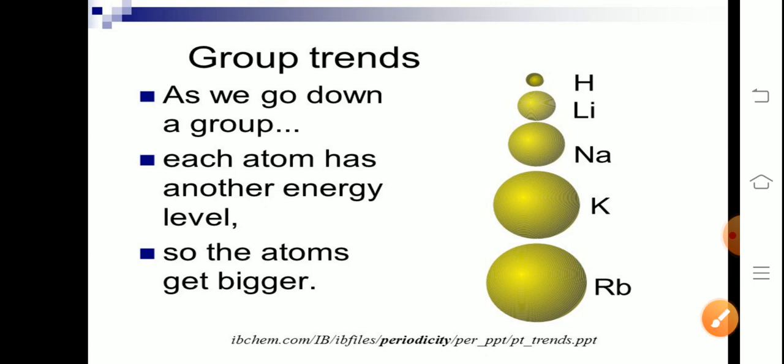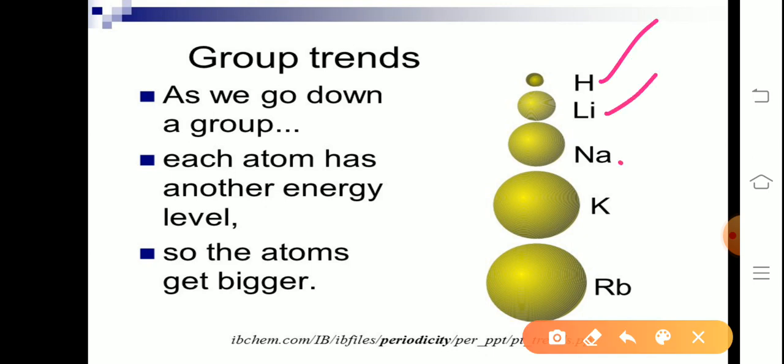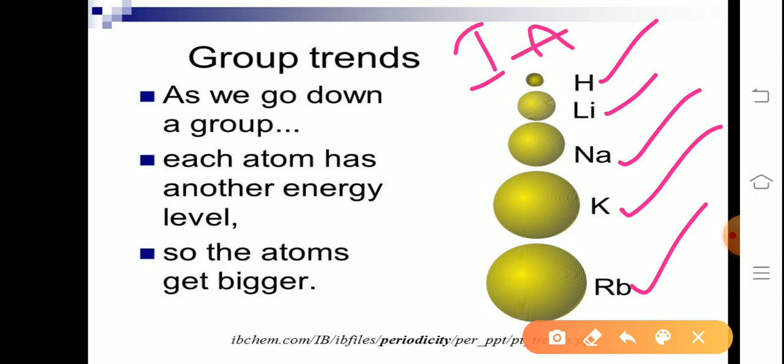Now what happens to the atomic radius in groups? Here is the example: hydrogen, lithium, sodium, potassium and rubidium. These are all first group elements. As we go down in a group, atomic radius is increasing.